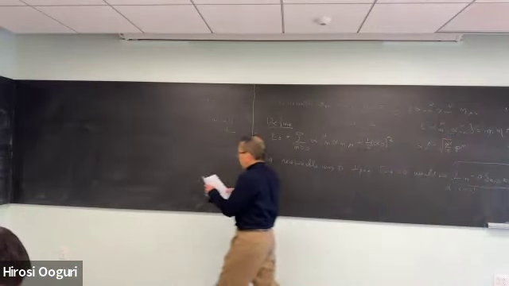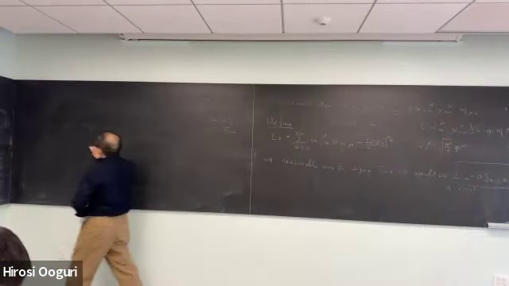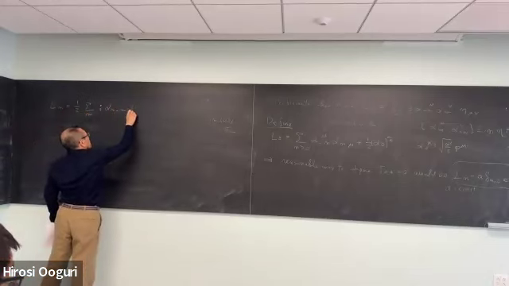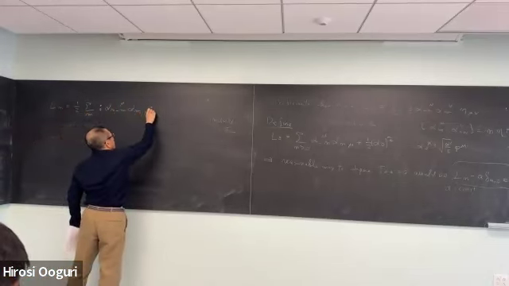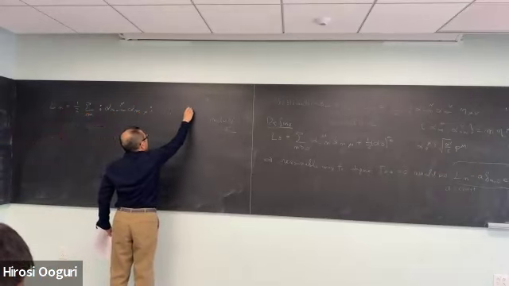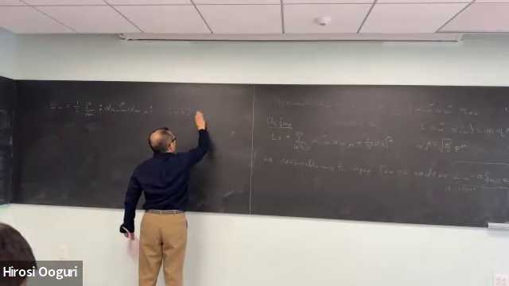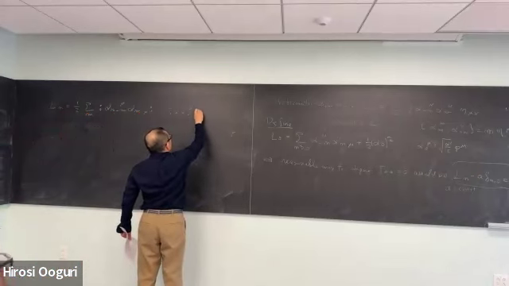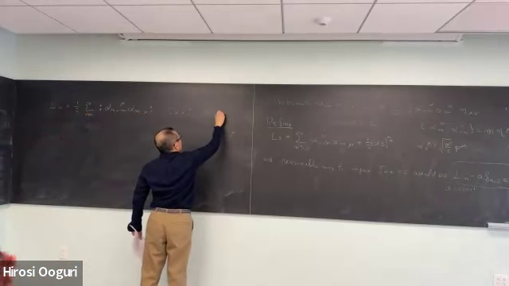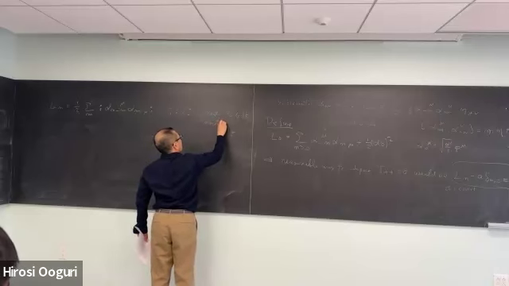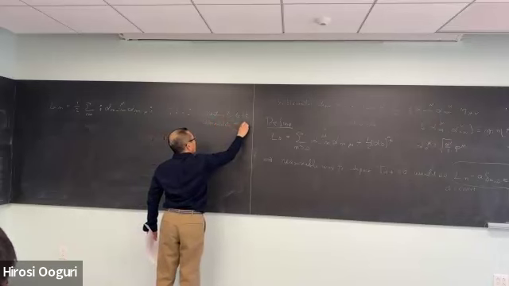Because of the definition of Ln, now we define Ln to be the normal ordered operator, where normal ordering of alpha means alpha with the creation operators to the left and annihilation operators to the right.